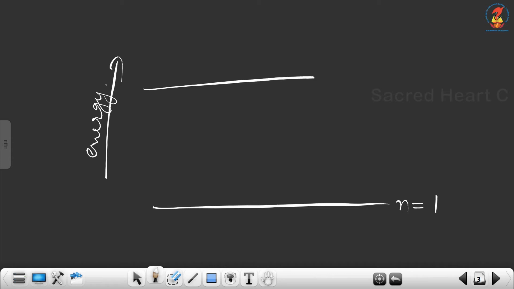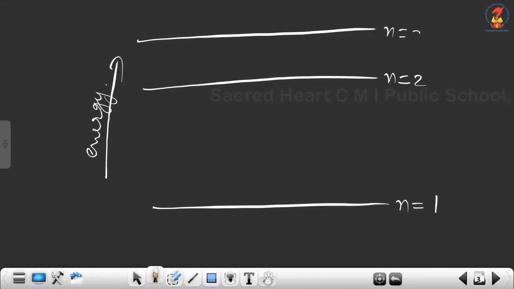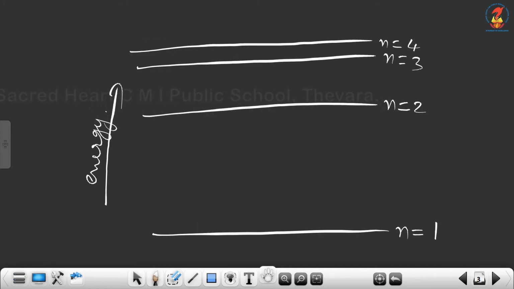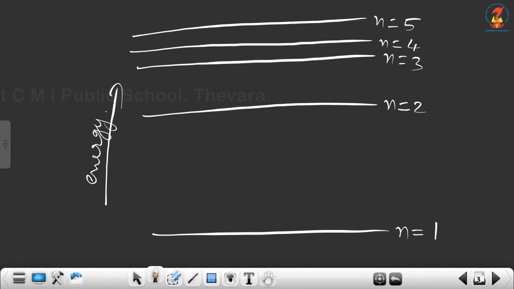Suppose we have here n is equal to 2, then n equal to 3, then n equal to 4, n equal to 5, etc., till we have n is equal to infinity.